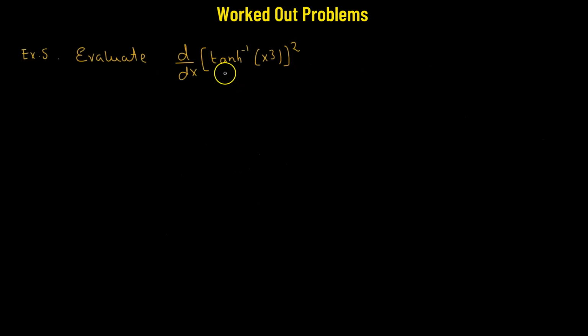So we need to evaluate the derivative of the inverse hyperbolic tangent function of x cubed, whole squared, with respect to x. Here we have to be a little bit careful. We have some function raised to the power of 2. That means we need to apply the power rule first.